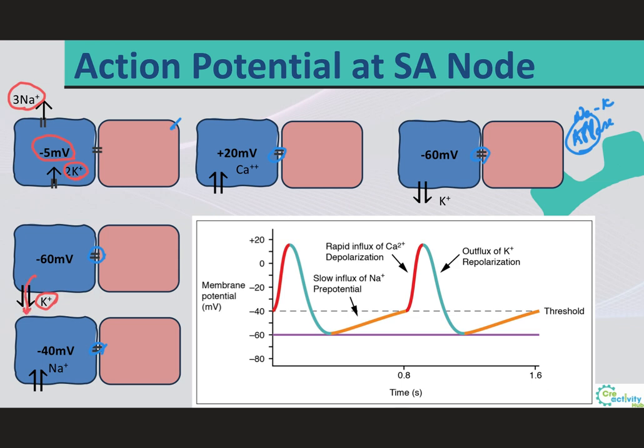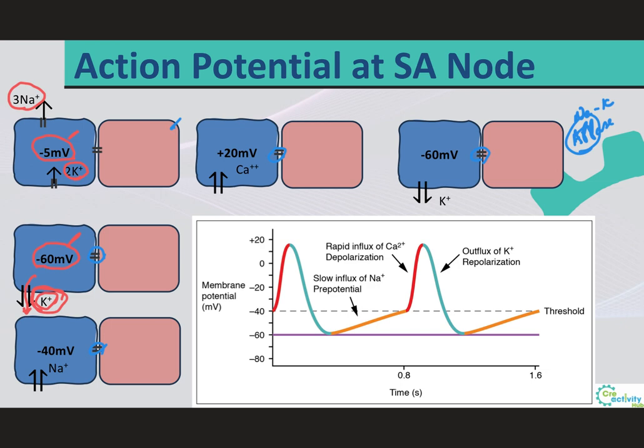And by doing this, it makes it even more negative inside of the cell, right? Don't you have more positive ions going out of the cell? And this will make the charge of the cell go from minus 5 millivolts to around minus 60 millivolts, as we can see from this image, which is the charge difference inside compared to the outside.